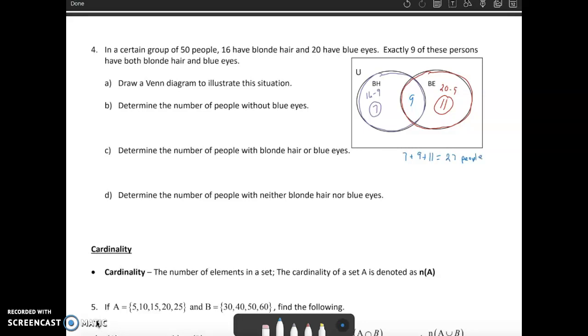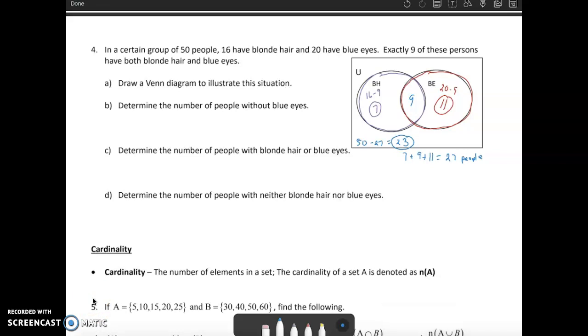So there must be some people in this group of 50 who happened to not fall into any of these categories. Out here in the U part that's not inside those circles, we take 50 minus 27. That means there are 23 individuals out here. Now I've got all 50 people accounted for, and we can answer some questions.